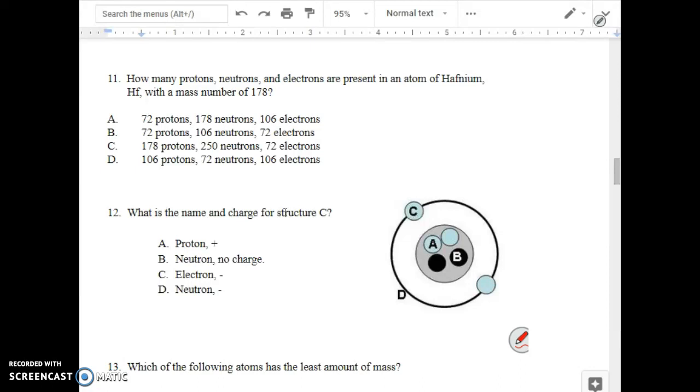Number 11, how many protons, neutrons, and electrons are present in an atom of hafnium, HF, with a mass number of 178? Okay, so already, just by knowing what you know, and without even looking at the periodic table, we know that atomic number is equal to the number of protons and the number of electrons.